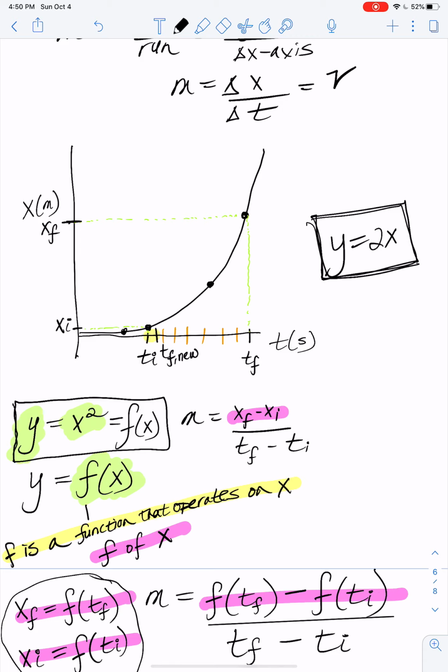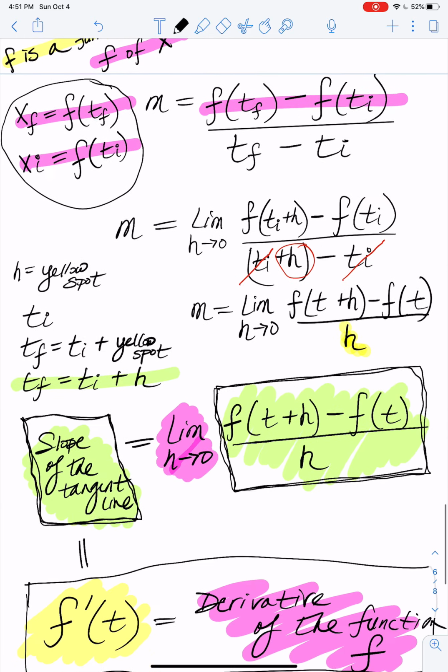So what I'm trying to say here is that this is equal to f prime of x. You shouldn't make your equal signs vertical, that's not a thing in math, but I'm doing it right now because I don't have any room. That's equal to velocity.